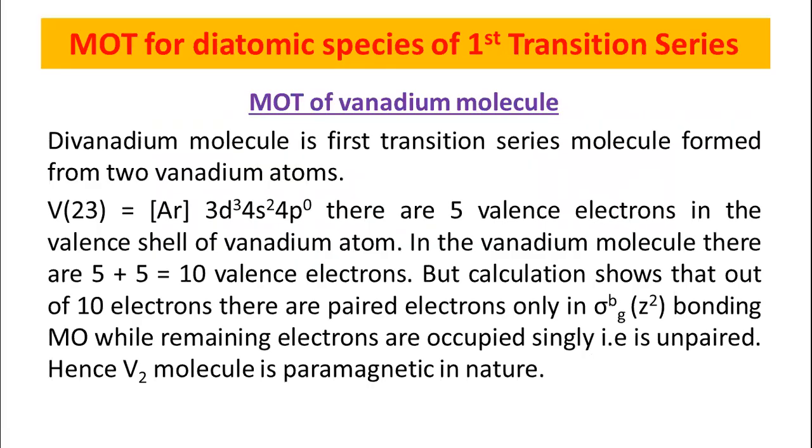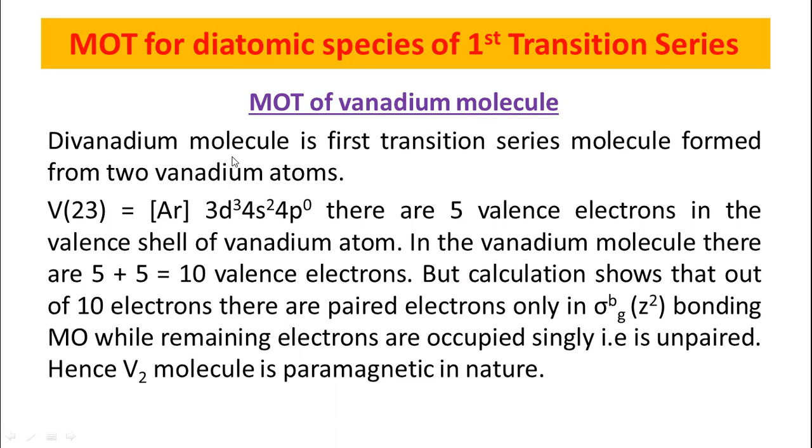Now let us explain the very important molecular orbital diagram for diatomic species of the first transition series. The example is the vanadium molecule, MOT of the vanadium molecule.